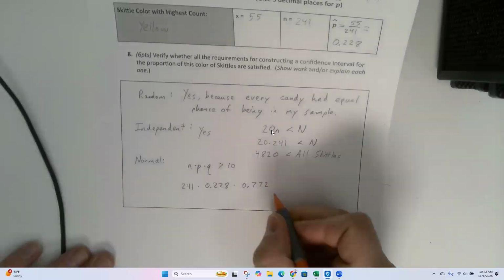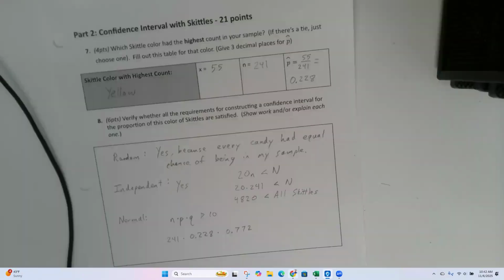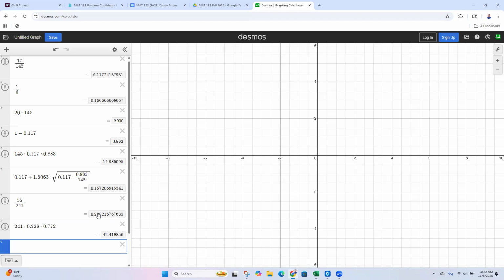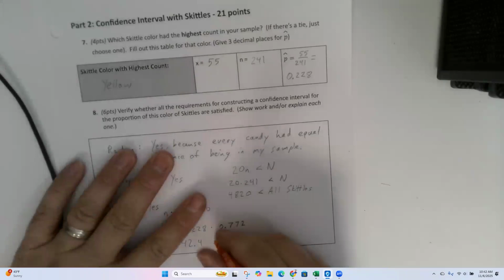I can't do this in my head, so I'm going to come over here and do 241 times 0.228 times 0.772. And that is 42.4, which is definitely bigger than 10. So, yes, I'm good there.